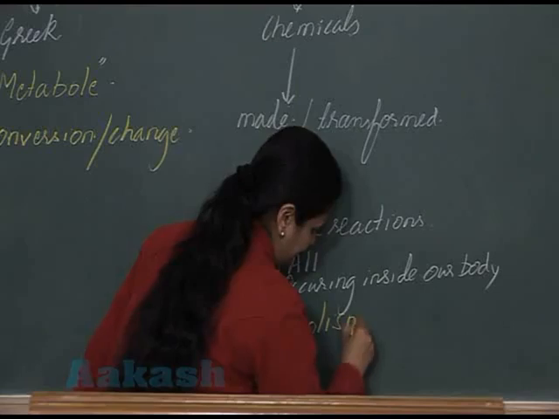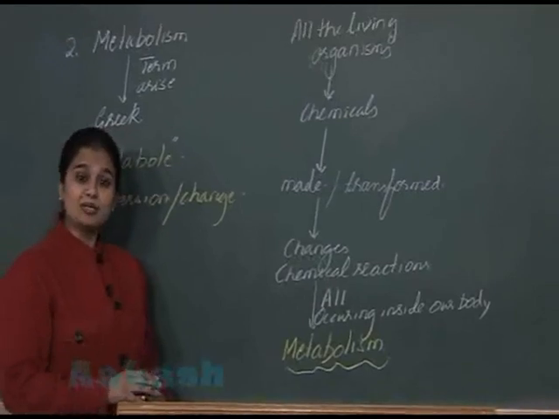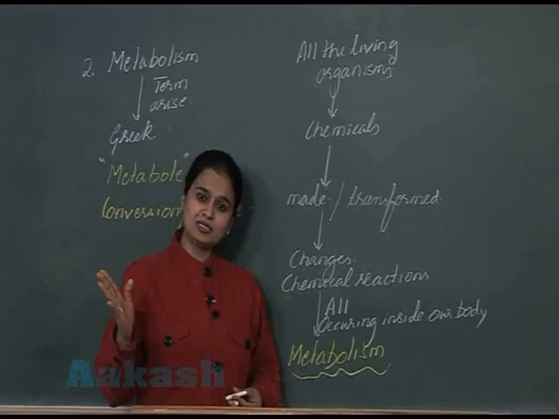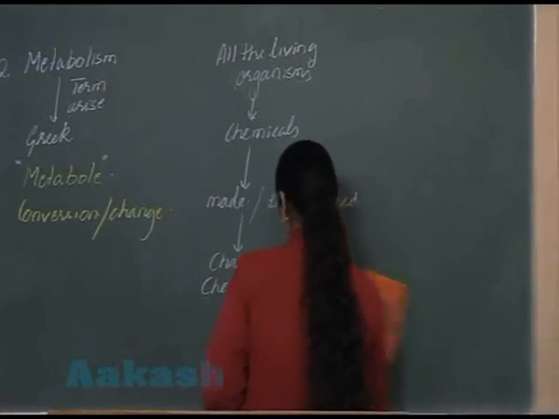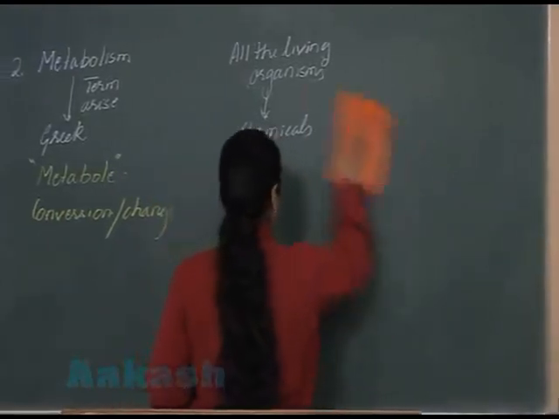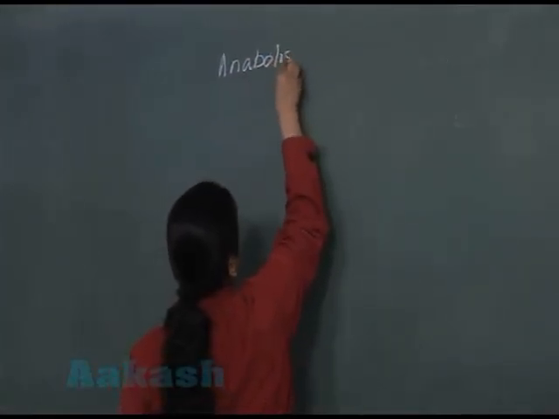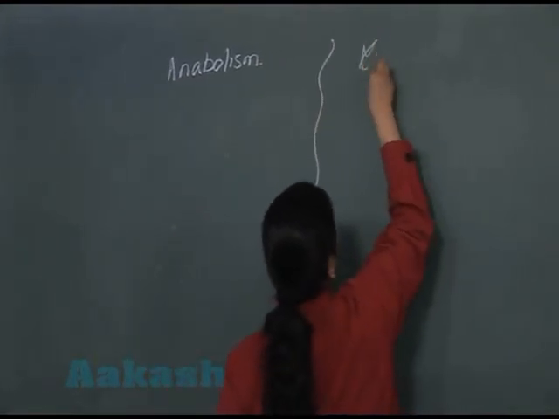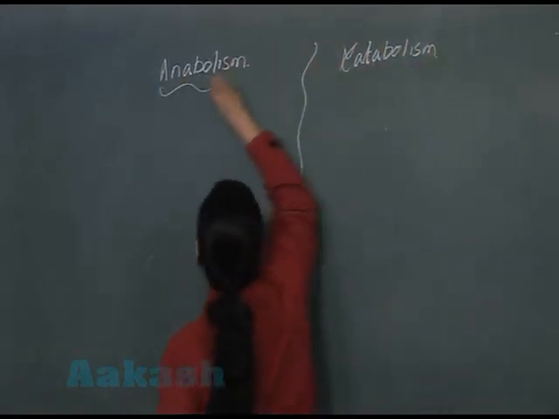Now metabolism is broadly divided into two categories, that is anabolism and catabolism. So now two types of metabolic reactions: anabolism and catabolism.